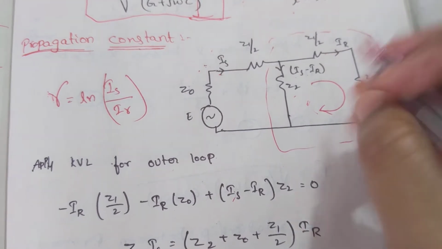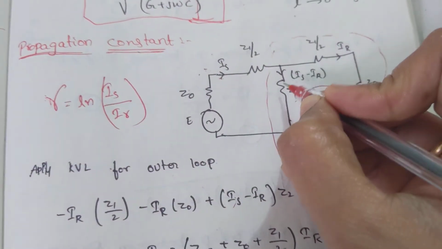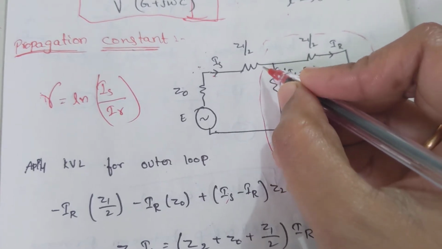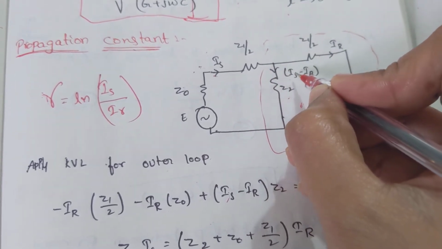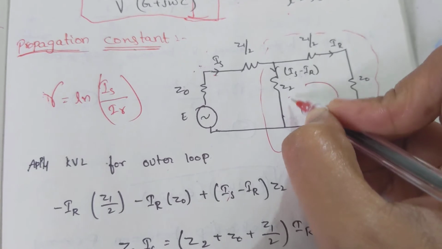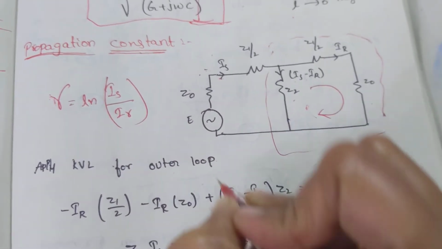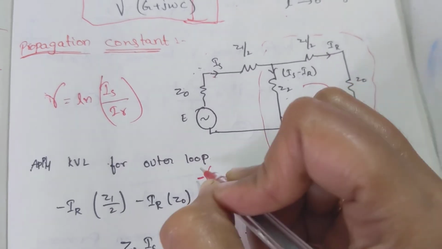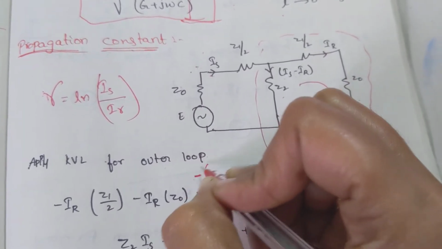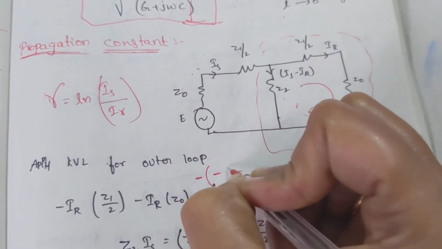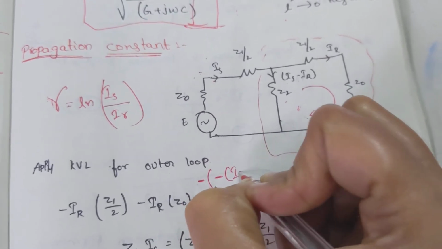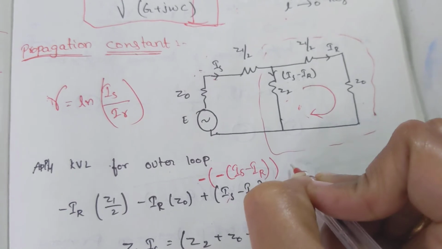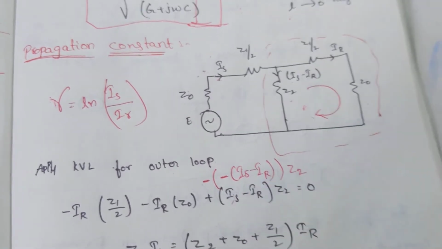I hope you understand this. The current direction here is drawn downwards, so it is plus Is minus Ir, but my assumed direction is the negative of it. This minus represents the drop and this minus represents the direction of the current, into Z2.